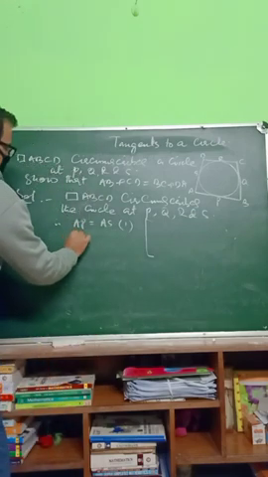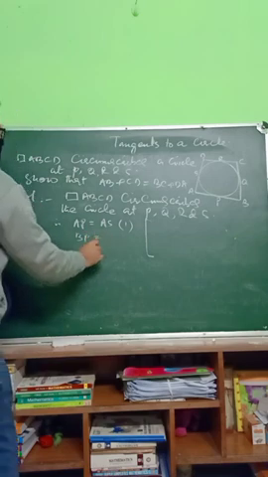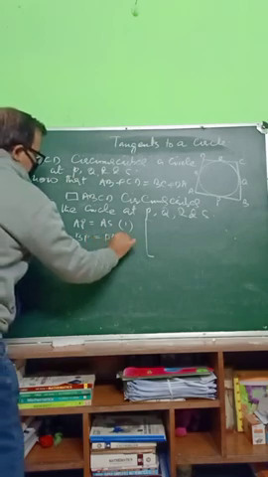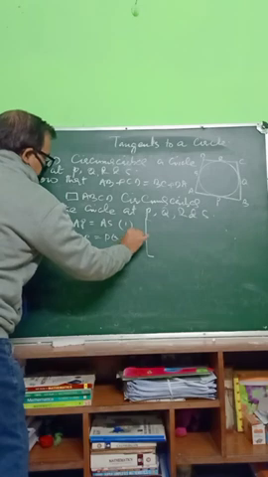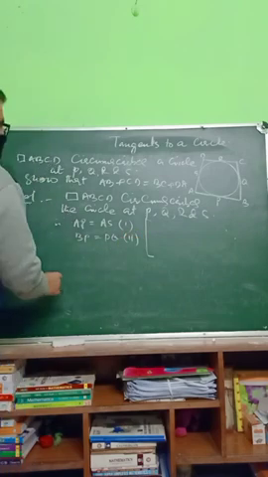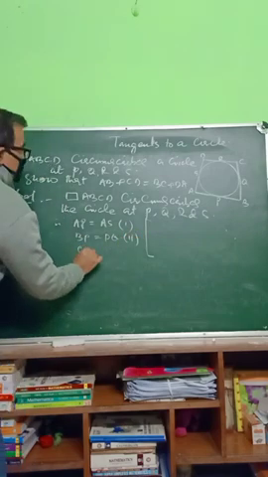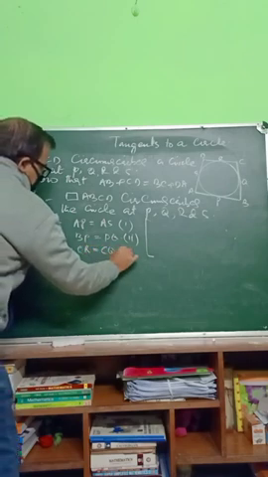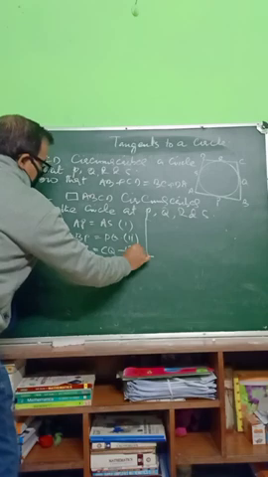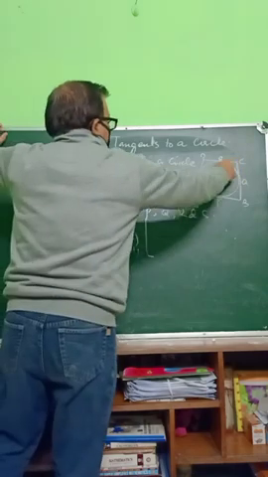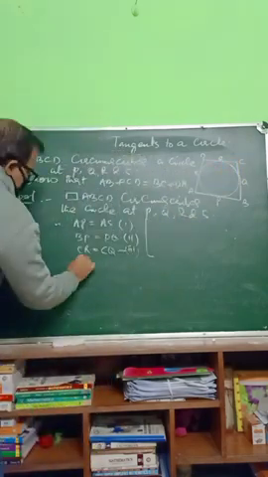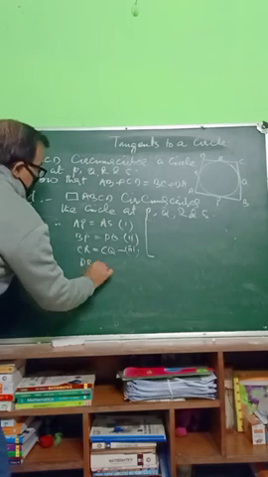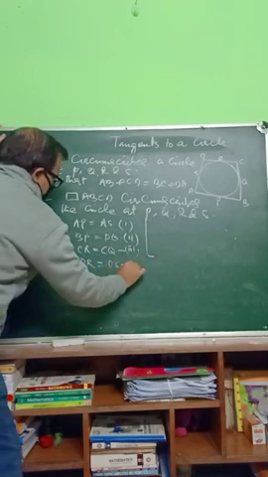Also BP is equal to BQ. This is second one because tangent is from the external point B. Similarly CR is equal to CQ. This is third one. Tangent is from external point C. And DR is equal to DS. This is fourth.